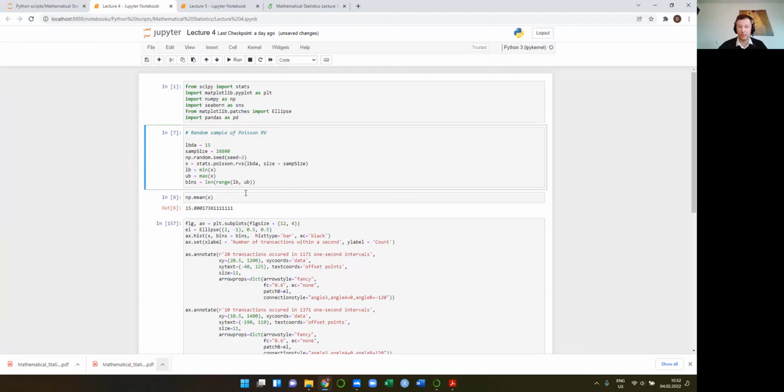When I continue doing this, the third shot gives me 15.002, and the fourth shot, almost 14.98, and so on. So you see, I keep shooting in the direction of my target. And my results are always different because the sample is different.